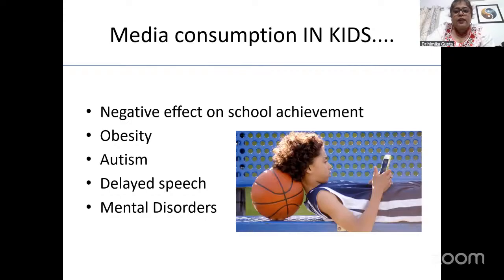So again, we are touching a bit on media consumption in kids. It's not just eyes, it is the entire brain and the psychology. And if I were to go deep into this subject, then I would have to invite the developmental pediatricians and the child psychologists for this lecture, because it has been proven to have a negative effect on school academics, then association with autism, obesity, delayed speech, and mental disorders.